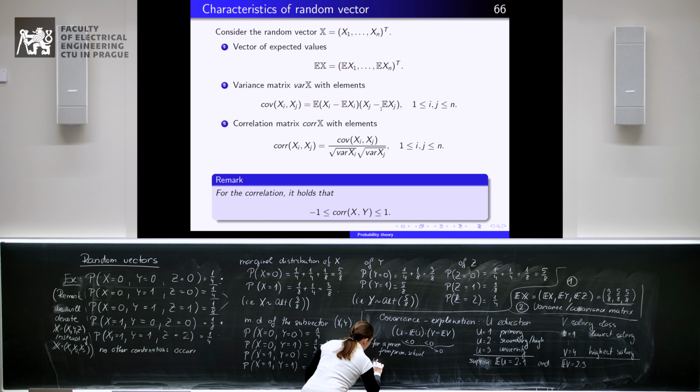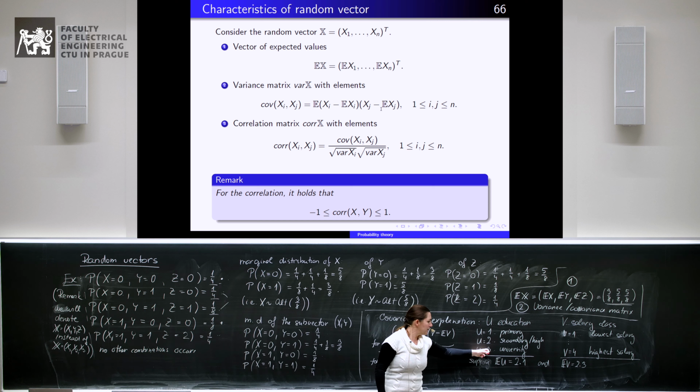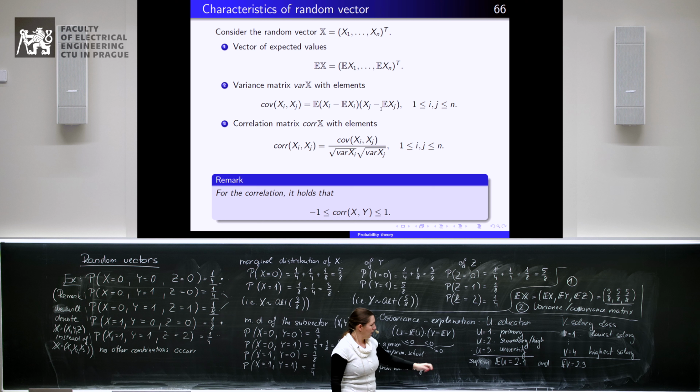Now, consider a person from a university. The education of such a person is equal to 3. And 3 is higher than 2.1, than the mean value. So it means that the education of such a person minus the mean education is positive.